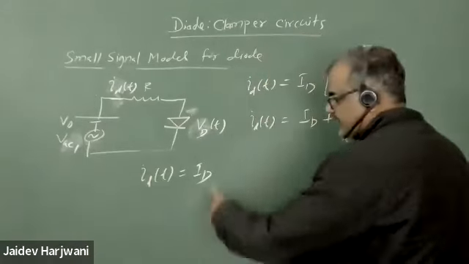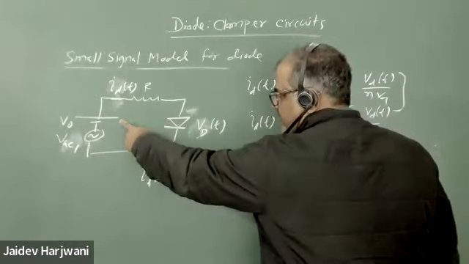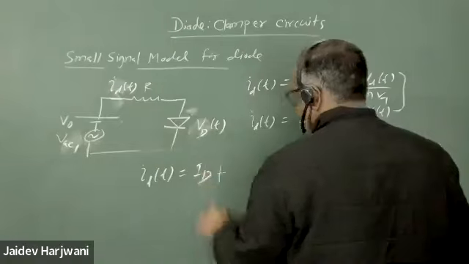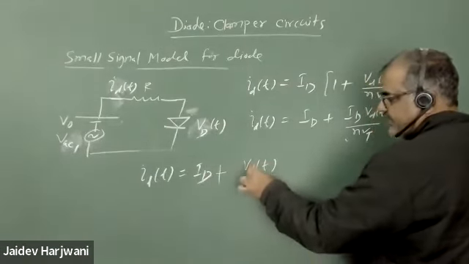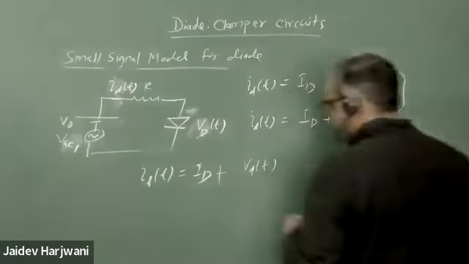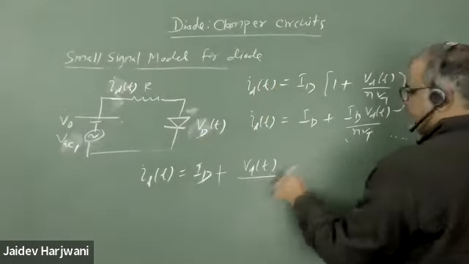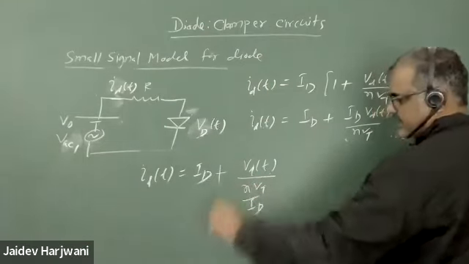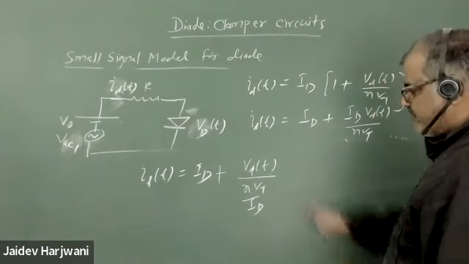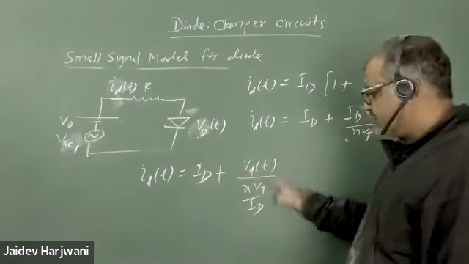That is equal to I_D, the current due to this source, plus this voltage v_d(t), due to this source. How much voltage is coming here? Divided by eta V_T over I_D. So this is current, this is voltage, so this is resistance.